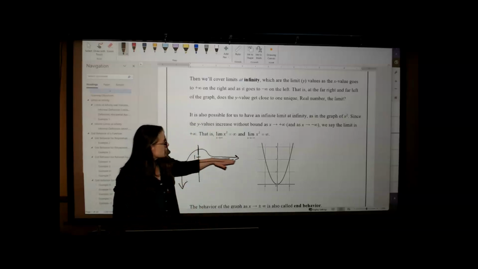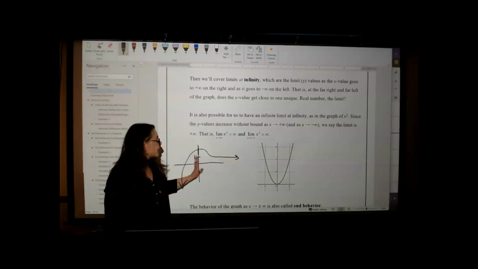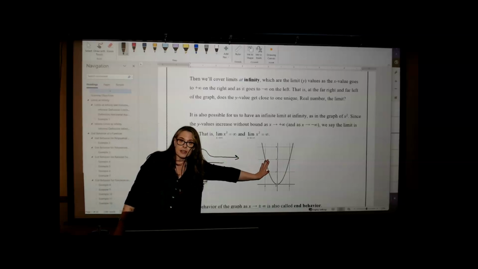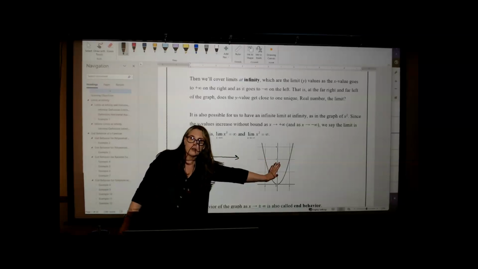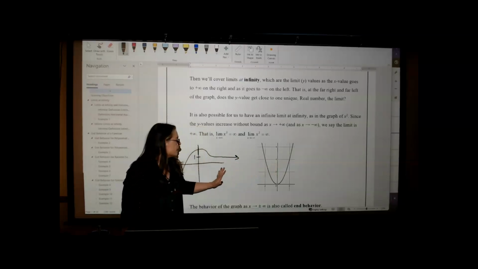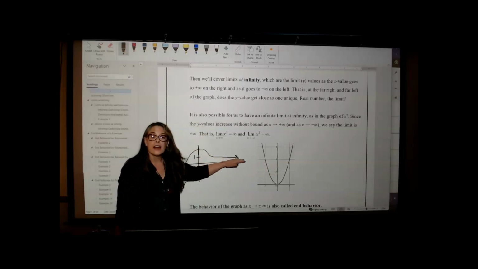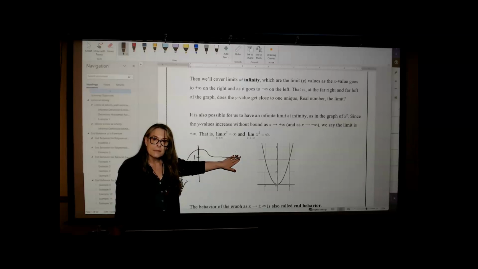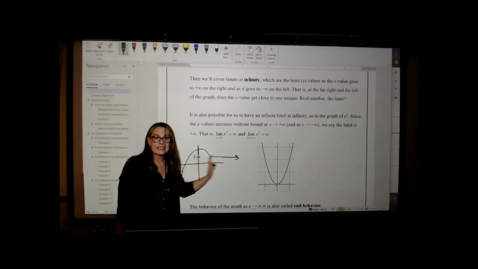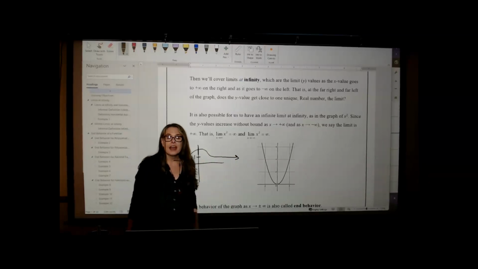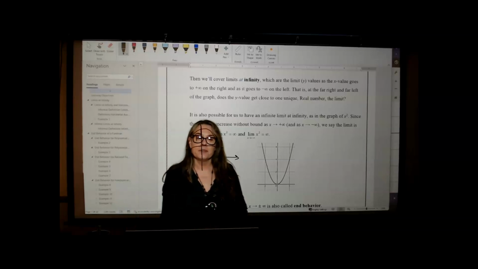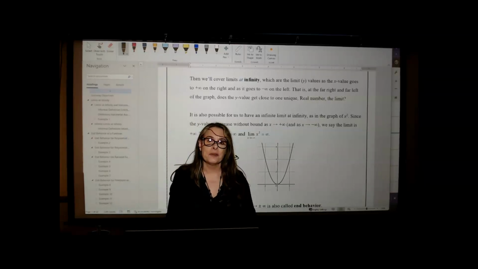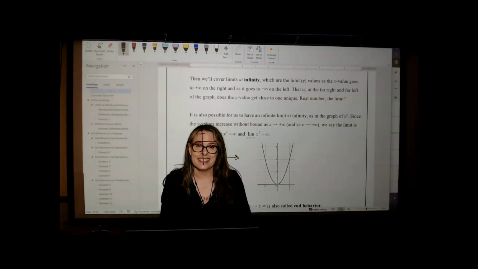In this particular case, we would say that as x goes to infinity, moves to the far right, the end of the graph, it looks like the y value approaches 1. This is not an infinite limit because the y value approaches a finite real number, but it is a limit at infinity. Let's take a look now at the learning objectives, and I'll share my screen with you so we can get more in depth.